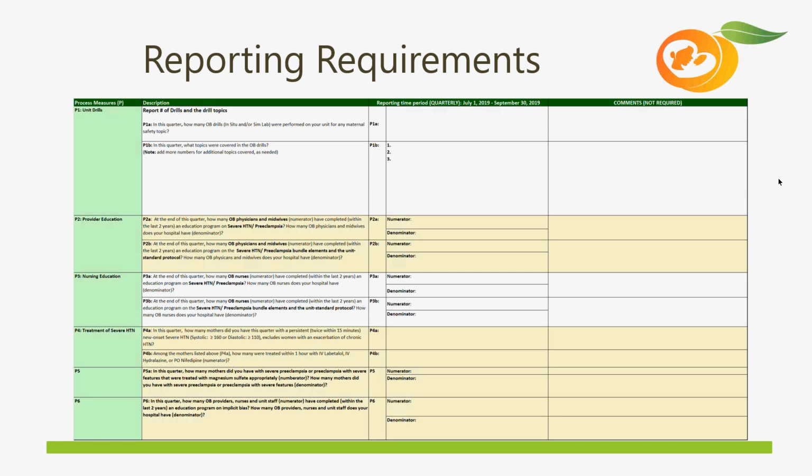For nursing education, the same thing as for the providers. And then for implicit bias training at the bottom, in this quarter, how many OB providers, nurses, and unit staff have completed within the last 2 years an education program on implicit bias.